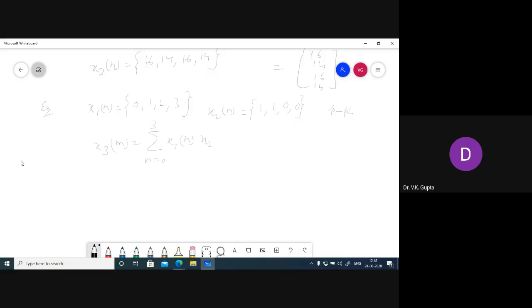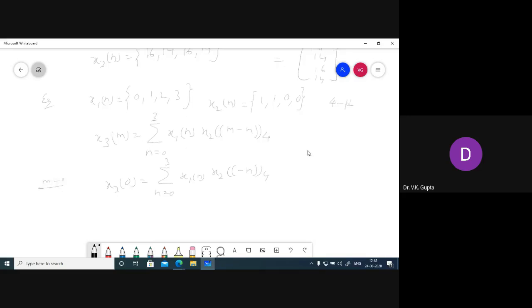So for m equal to 0, x3(0) is equal to sigma n equal to 0 to 3, x1(n) x2((minus n) modulo 4).